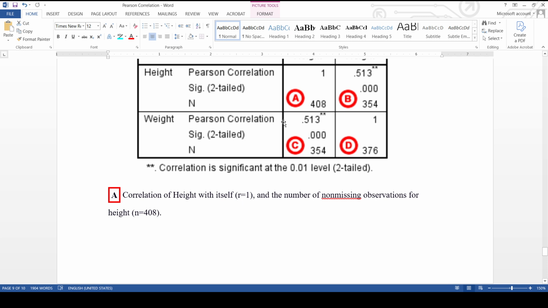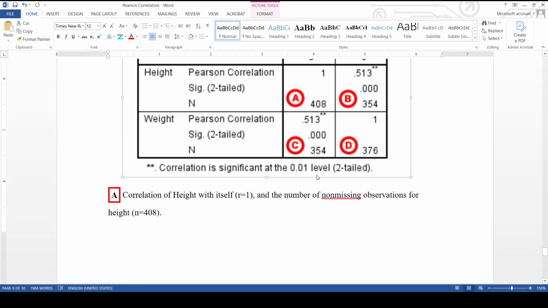The relationship here is 1. And the number of non-missing observation is 408. Remember, our R is 1, our non-missing value, which is N, is 408. Let's leave that to the next one.